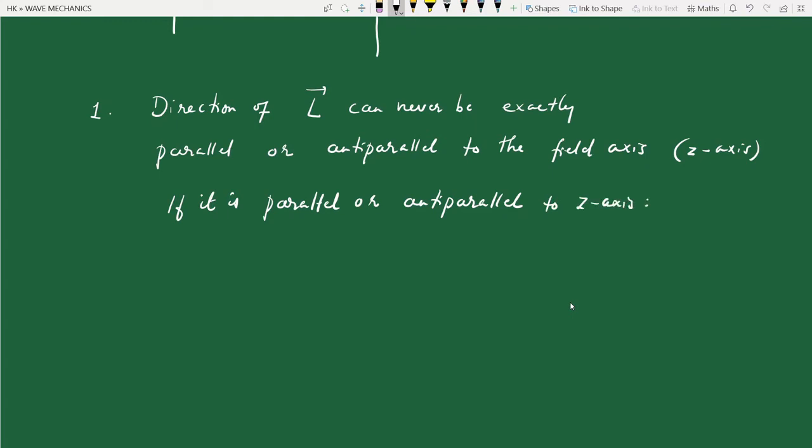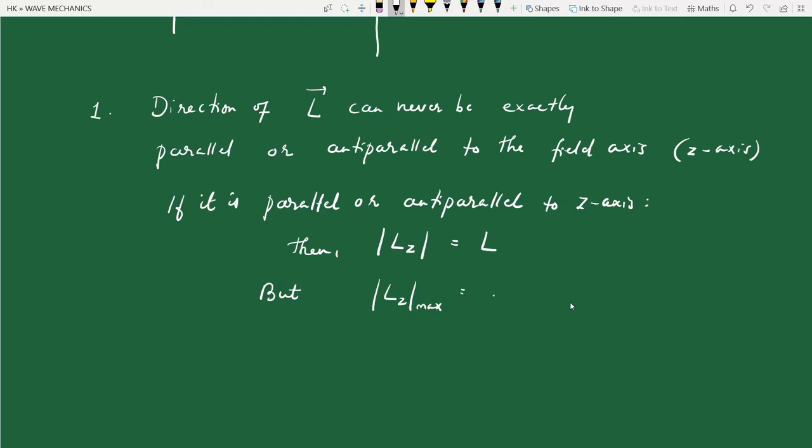Then the magnitude of Lz will be equal to L. But what is the maximum value of Lz?